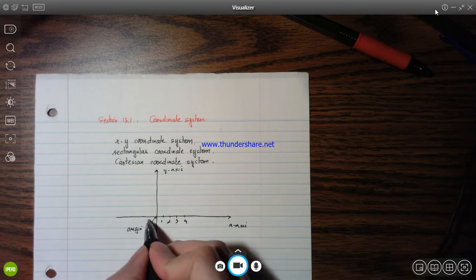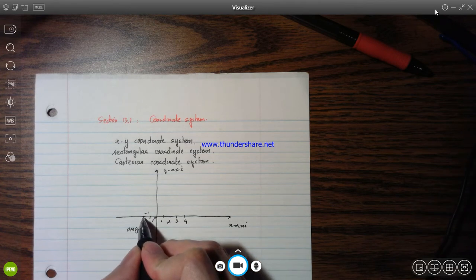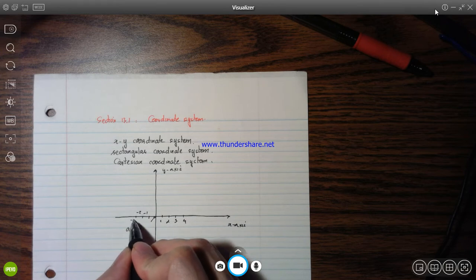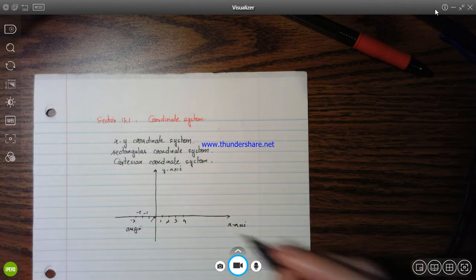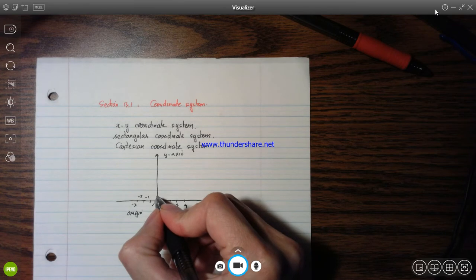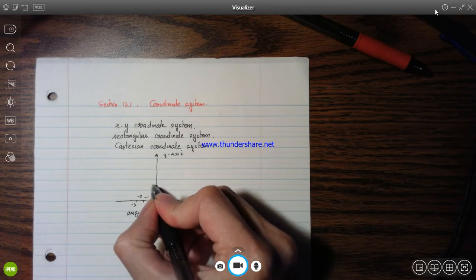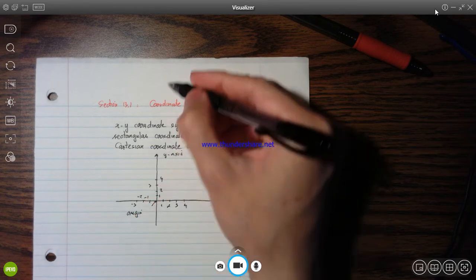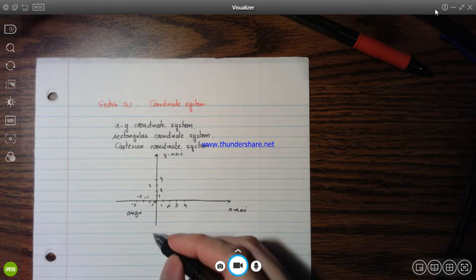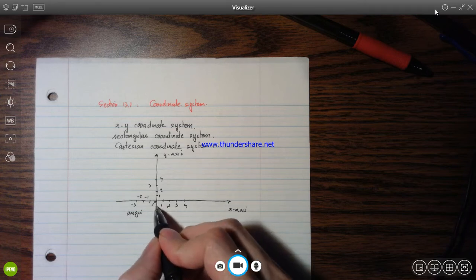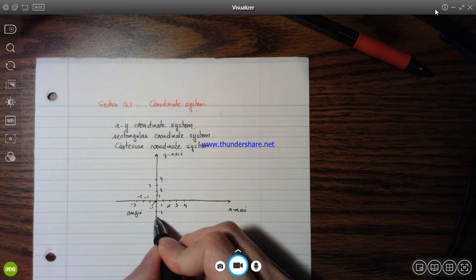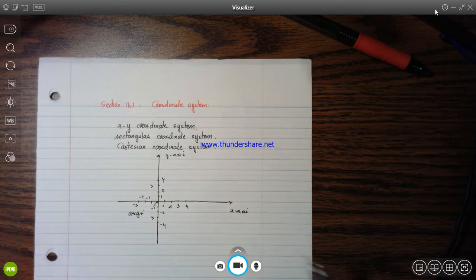And over here we have -1, -2, -3. Okay, and the same thing for the y-axis. On the top we're gonna have 1, 2, 3, 4, and so on, until infinity if you want. And at the bottom we have -1, -2, -3, -4, and so on.